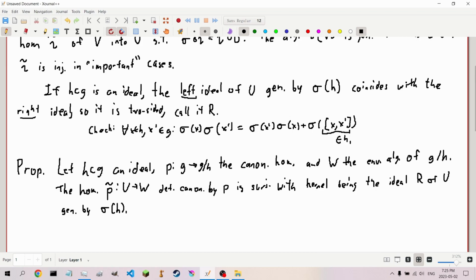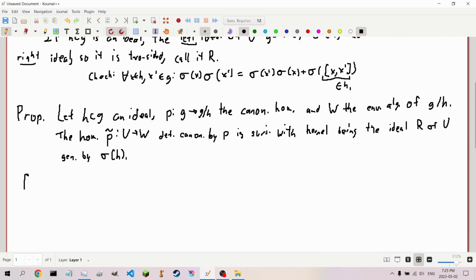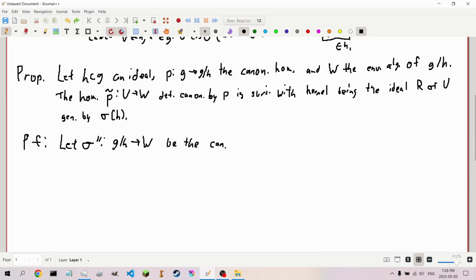So let's look over that. We're going to let the map sigma double prime from G over H into W be the canonical homomorphism, and this gives us a diagram.